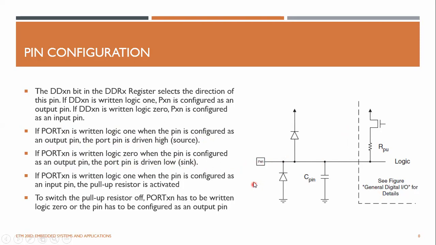You can sink the current. Sinking the current means, like here driving the current, sourcing means you can drive a simple LED. So when, let's say this is RB2, right?